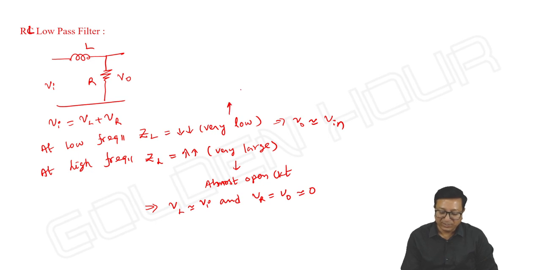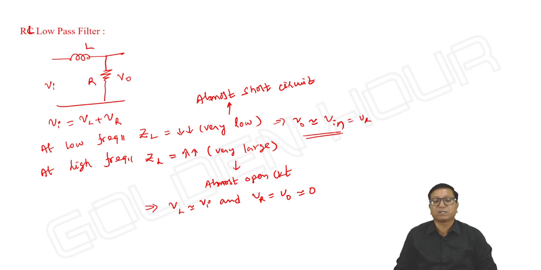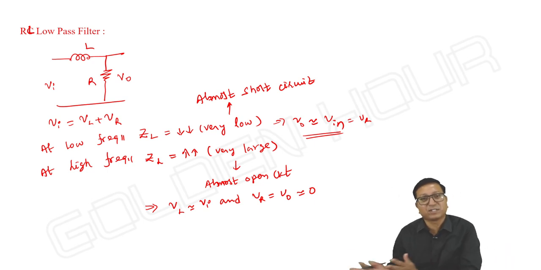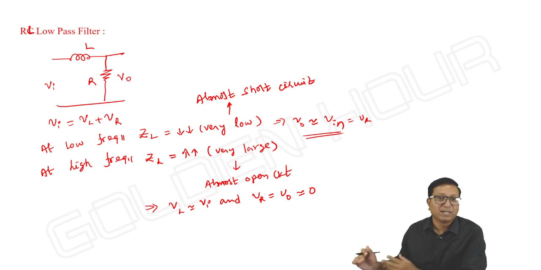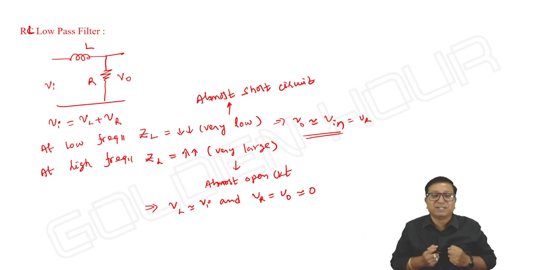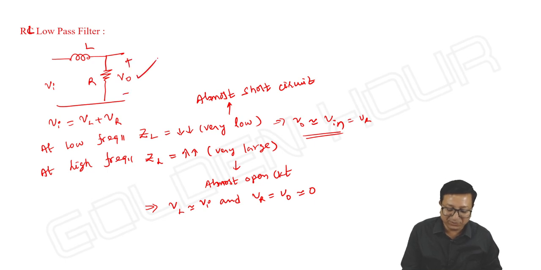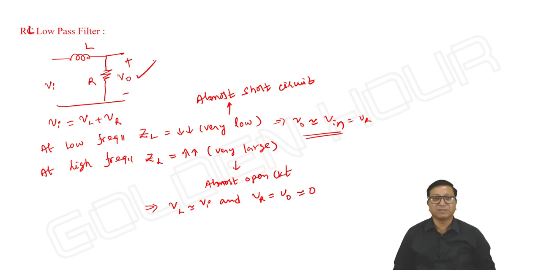And at very low frequencies the inductor acts as an almost short circuit. As it is acting as a short circuit, V input and V output, or VR, are one and the same, approximately equal to the input. That's it. Any low frequency signal comes, the inductor pushes the signal to the output load R, and if any high frequency signal comes, it holds it. So ultimately you can see only low frequency signals across the output terminals. That's the working of an RL low pass filter.